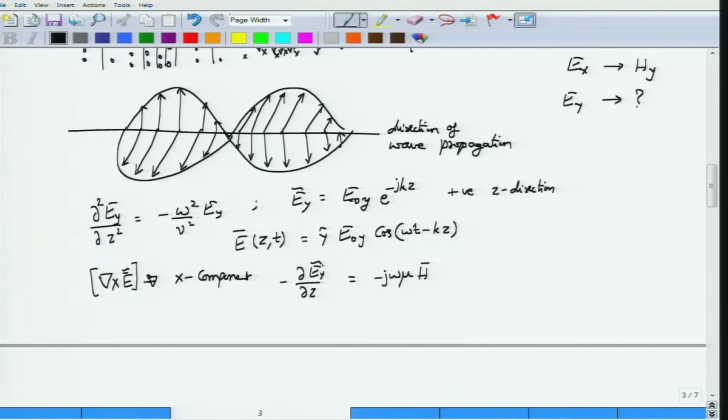So since the electric field is along y direction, the magnetic field will obviously be a phasor along x direction. So let me write down this as minus j omega mu Hx. From this I can write down what is Hx.